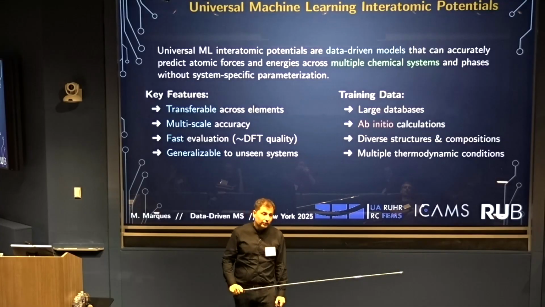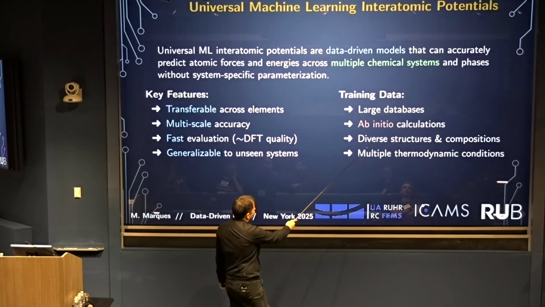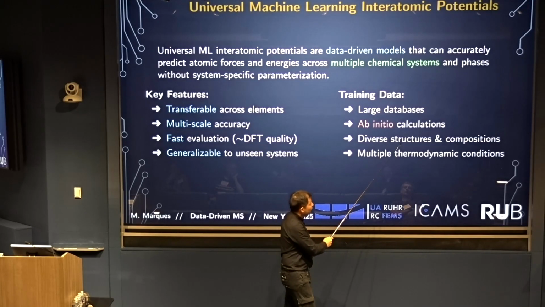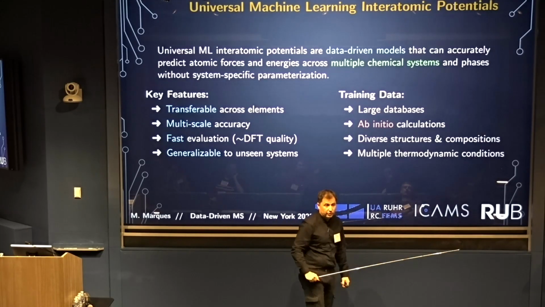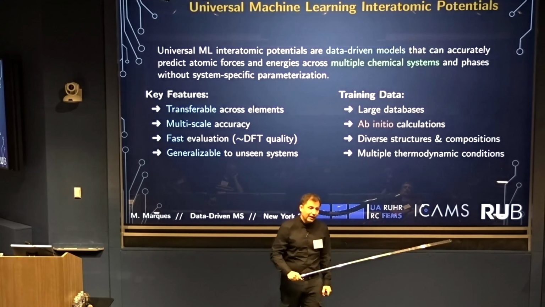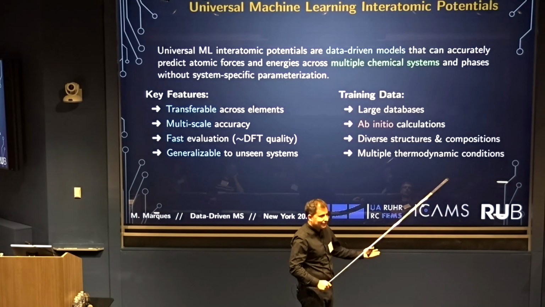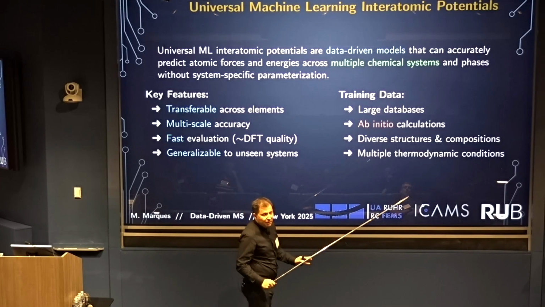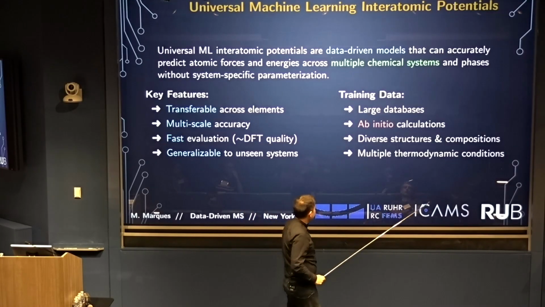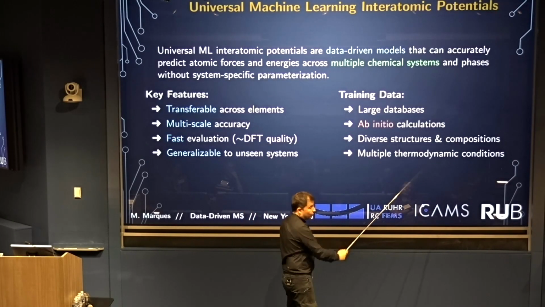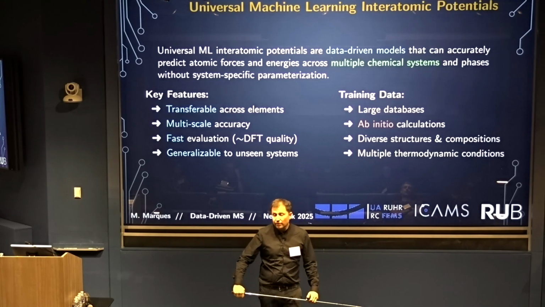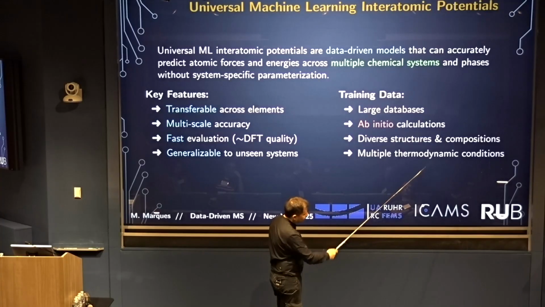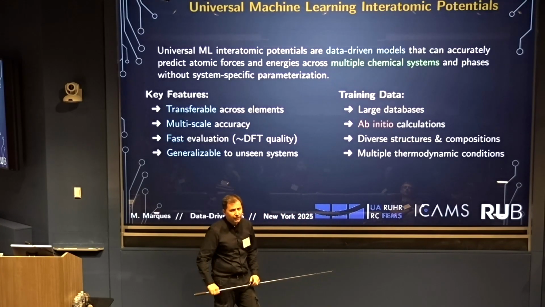We really need a lot of data of ab initio calculations. And we need these databases to include diverse structures and compositions. If you do not have, I don't know, certain class of structures, you will probably not describe them very well. Maybe it will not be a disaster, but it will certainly be worse. And of course, ideally, we should have multiple thermodynamic conditions. And this is one of the things that is lacking, that there is no pressure in the data.